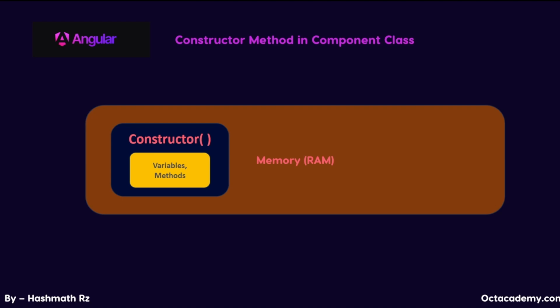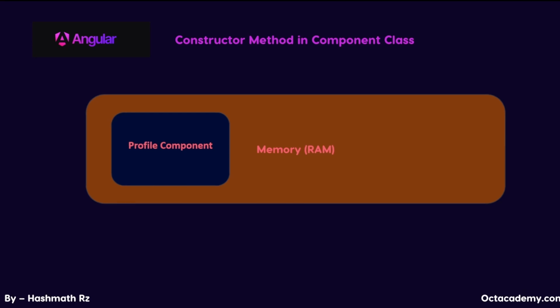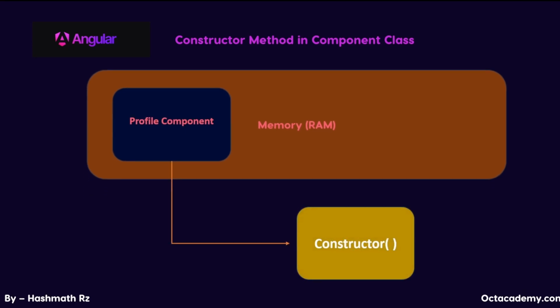So if we take our profile component, when we run this, first this profile component class will allocate a memory space for this, or create an instance of this component class inside our PC RAM. After that, the constructor method will trigger immediately after this allocation of the memory space.